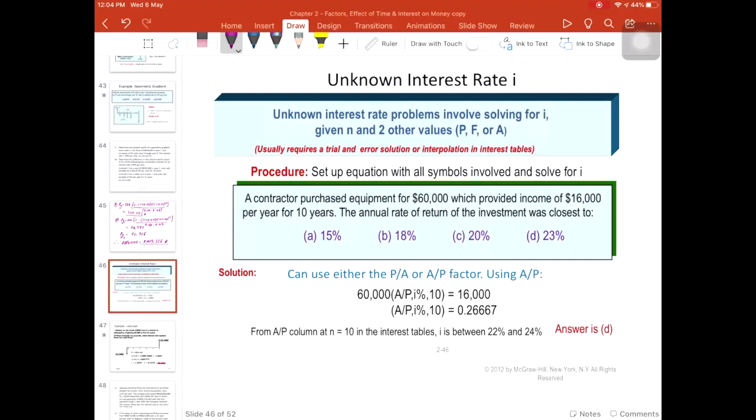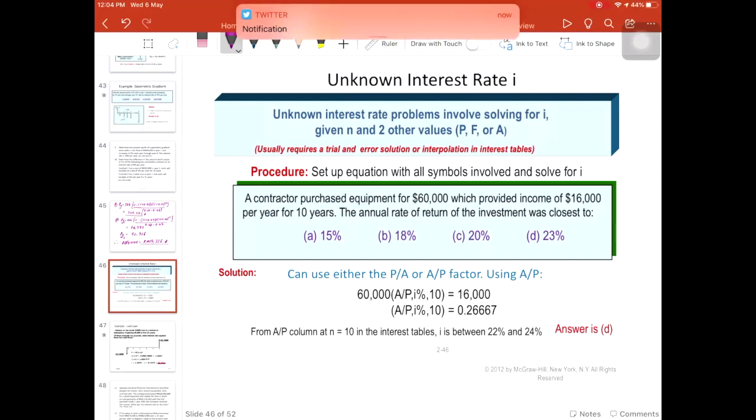So you have either one, depending, but you have to find I. But I said before, it's hard to get the I because you can see from the table, you have a lot of I. Okay, actually for finding I, you have to use trial and error. Confirm you have to use trial and error.